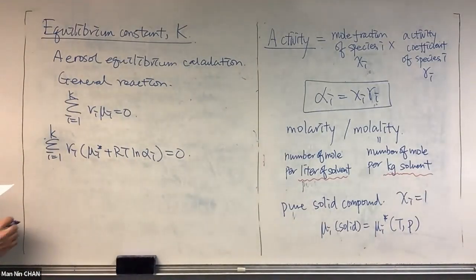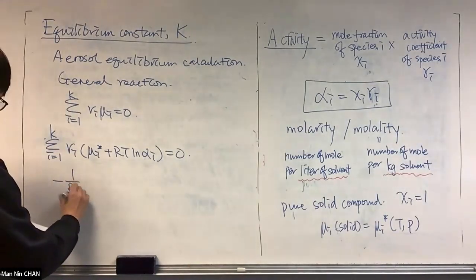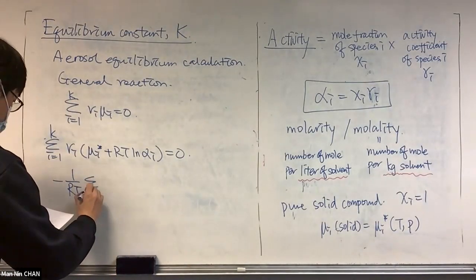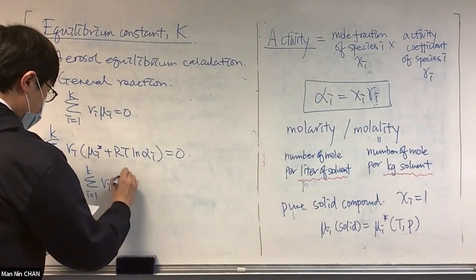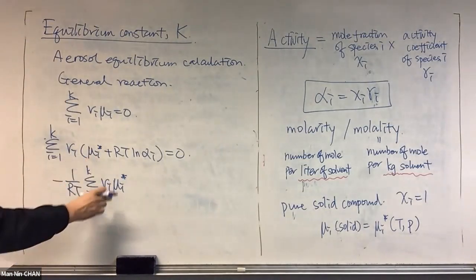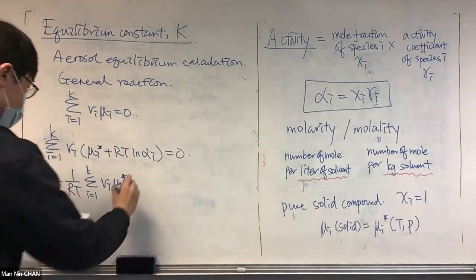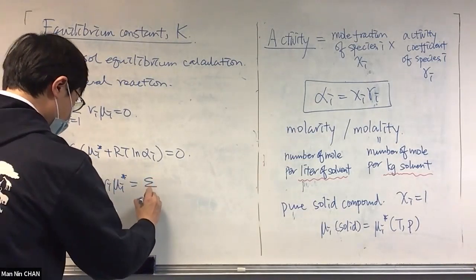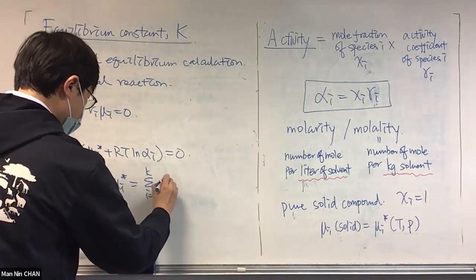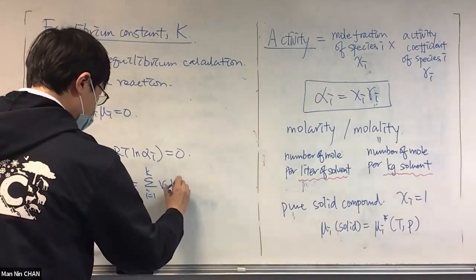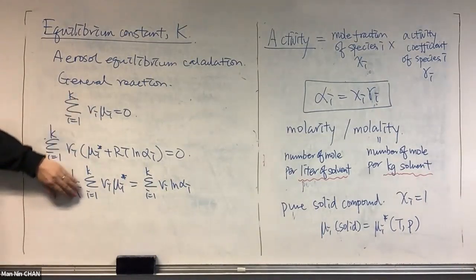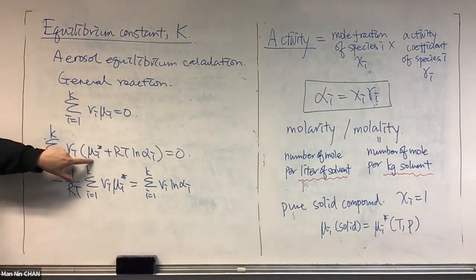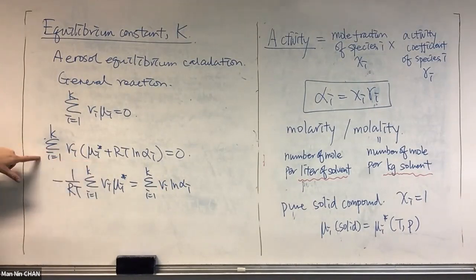If I rearrange this equation, you have this term taken out, but I take just the 1 over here. So you will have two terms. One is the summation of this coefficient times the chemical potential, and then plus the RT natural log times this summation.